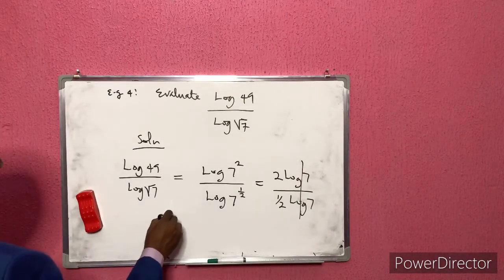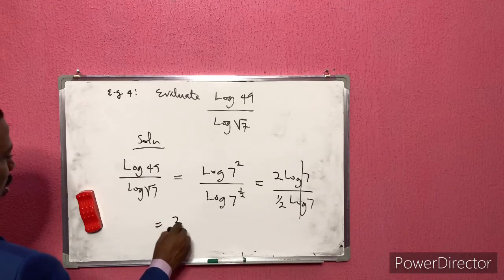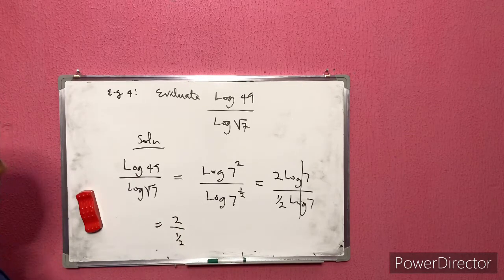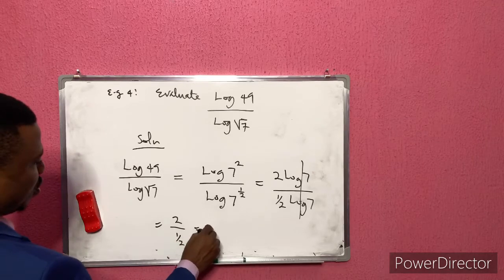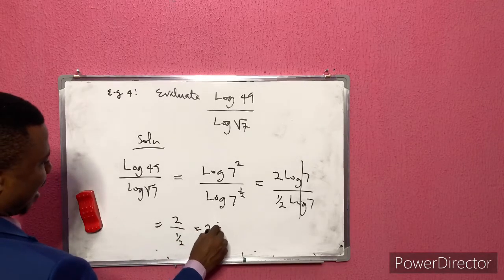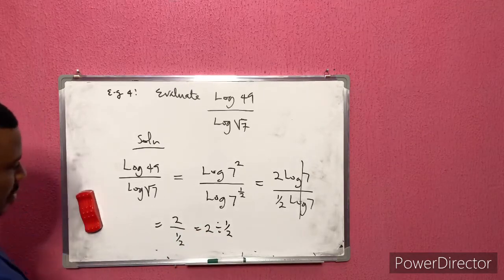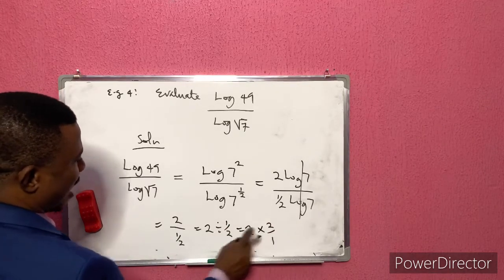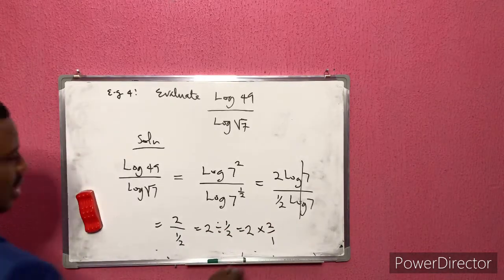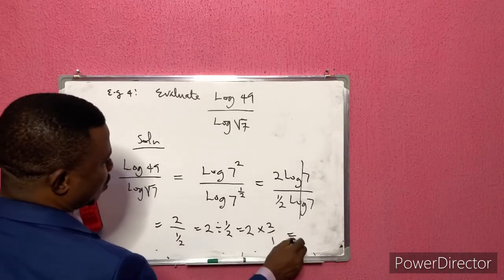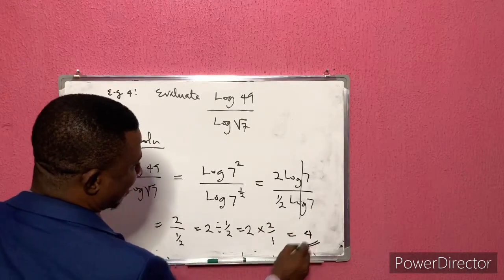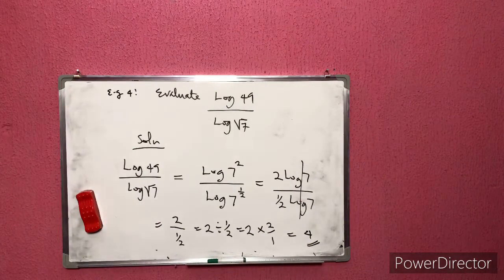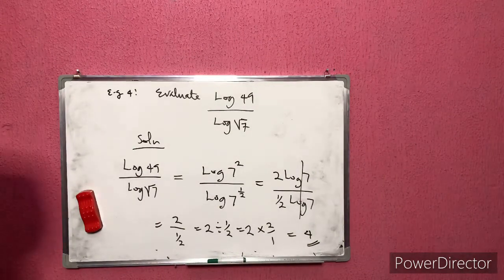To have 2 all over half. So this will give us 2 divided by half. This will give us 2 multiplied by 2 over 1. You know about this? This will give us 2 times 2, give us 4. Your answer. Very easy.